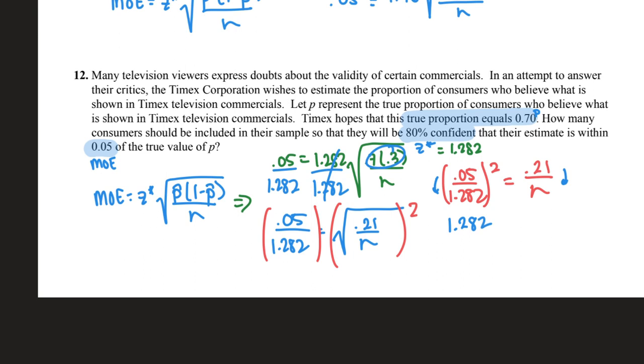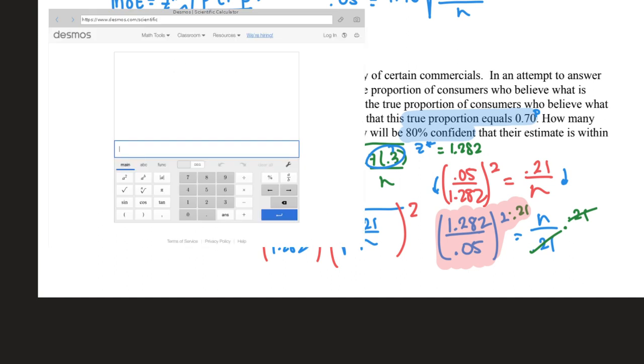So 1.282 over 0.05 squared equals N over 0.21. And the very last step, we're going to multiply both sides by 0.21. So what we're going to put in our calculator is this part. All right, so when we put that in our calculator, we get 138.05, so we're going to round that up to 139. So N equals 139 consumers.